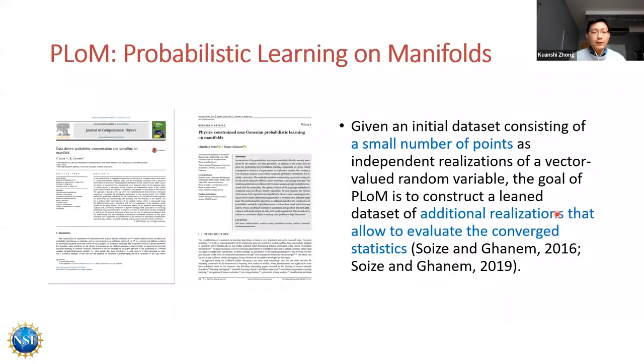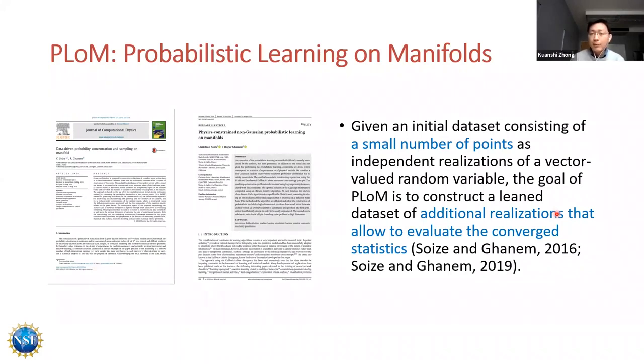First, a little introduction to the method PLoM itself. This method was proposed by Dr. Soize and Dr. Ghanem initially maybe 10 years ago, but it has taken better shape in the past 5 years. The key idea is to imagine that you have a well-defined problem. Unfortunately, the initial dataset you could get, either from the real world or from numerical simulation, is limited.